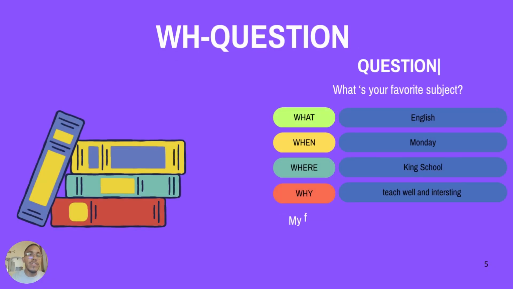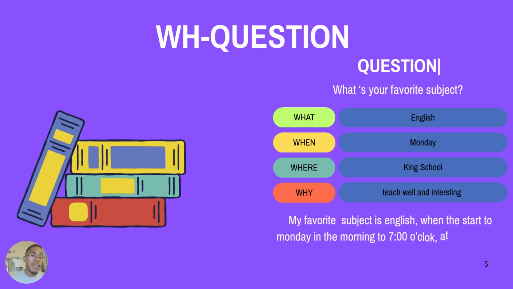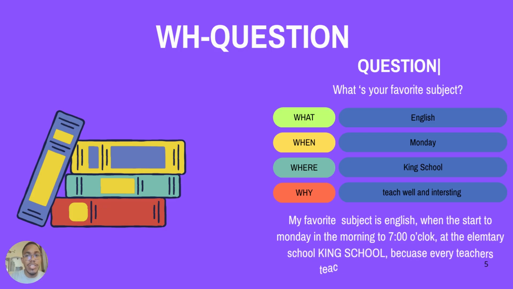Number two for the W questions is: what's your favorite subject? Probably your parents, classmates, or teacher will ask you what's your favorite subject. Take account of this information: what, when, where, why. What? English. When? Monday. Where? King's School. Why?